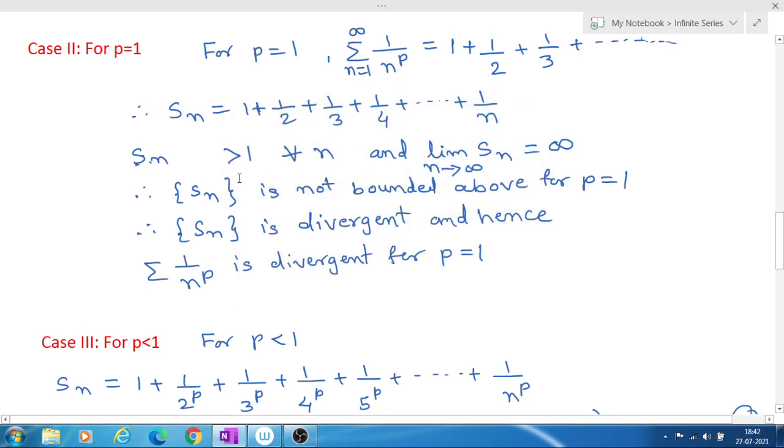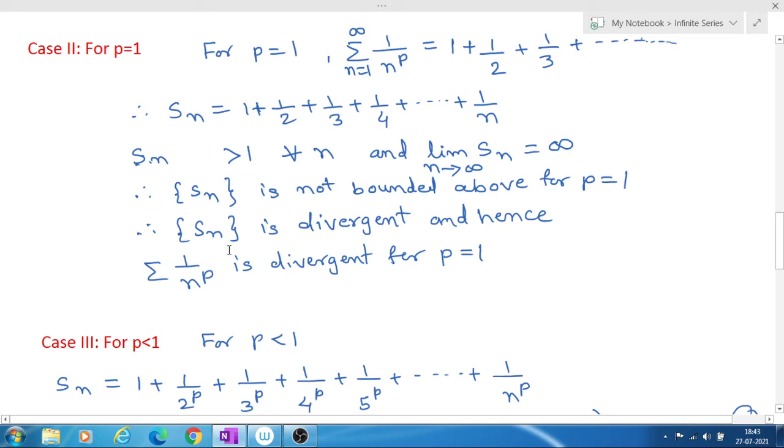And the limit of this Sn as n tends to infinity is infinity, because Sn is a monotonically increasing sequence. Therefore this Sn is not bounded above. Here the upper bound of the sequence Sn is infinity, so the sequence is not bounded above.